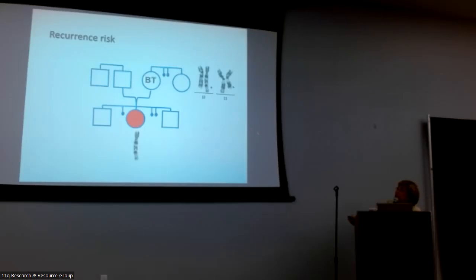So because there is a balanced translocation in the family, there could be a second case with the same imbalance. But there could be also a second case with the opposite imbalance. So in the same family, you can have a duplication and a deletion 11q.